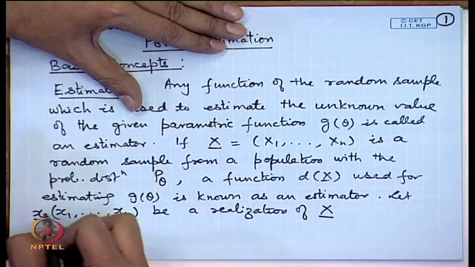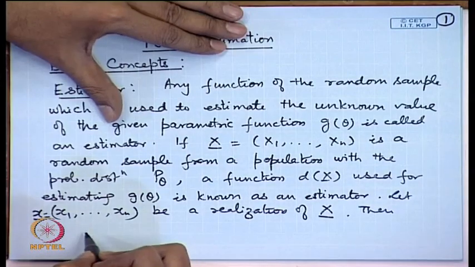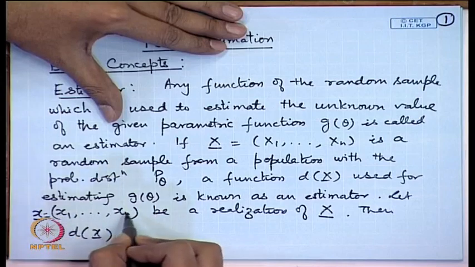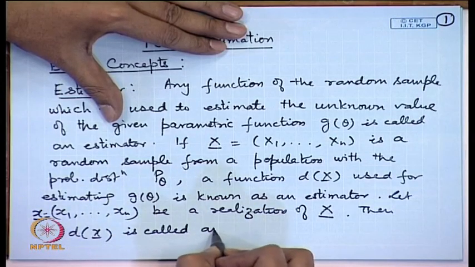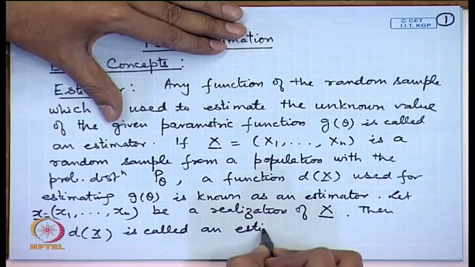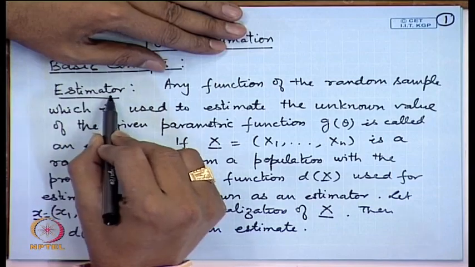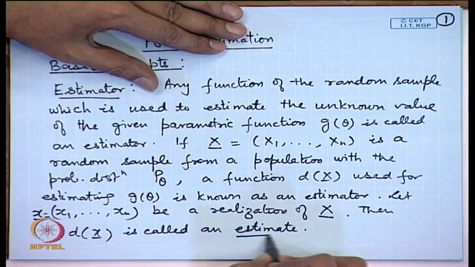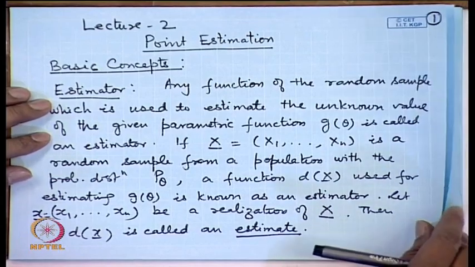So, let me call it a small x. Then the corresponding value of the estimator which is evaluated at this realization, this is called an estimate. So, we have two important concepts here, one is estimator and a realized value of the estimator, that is called an estimate. So, let me explain it through some example.